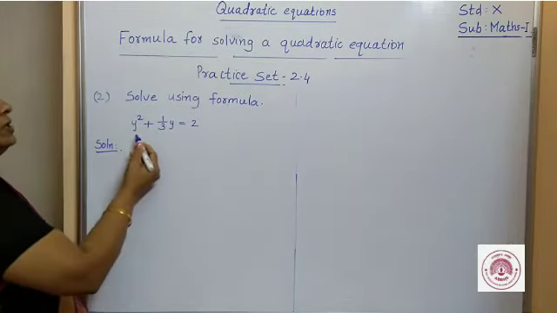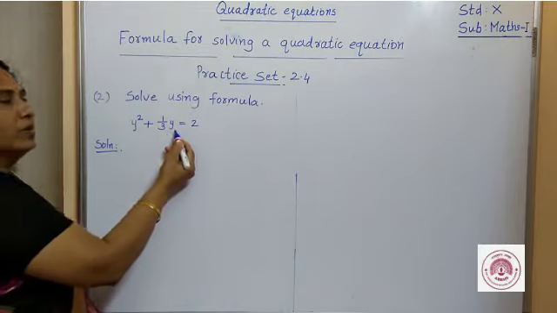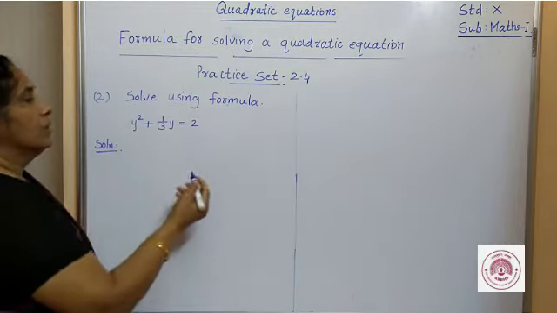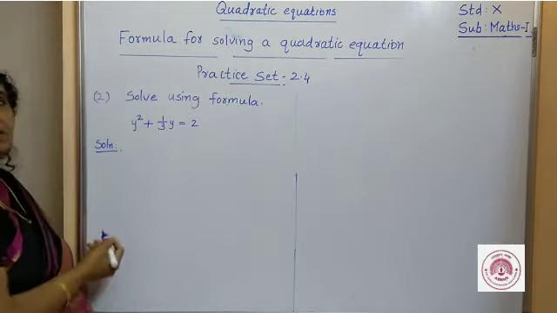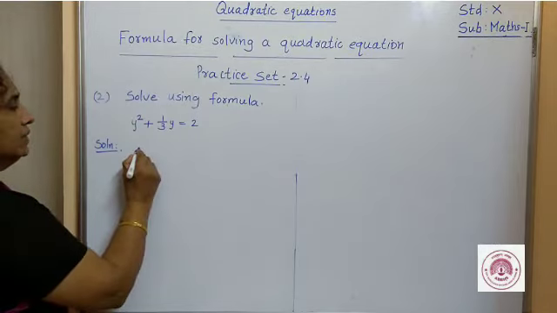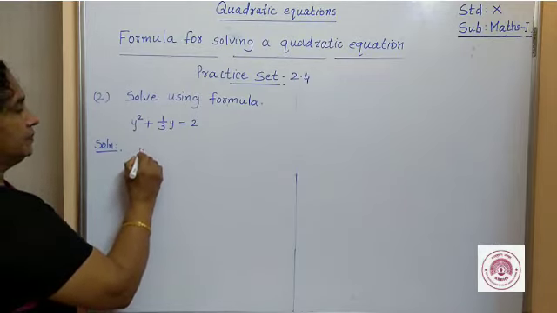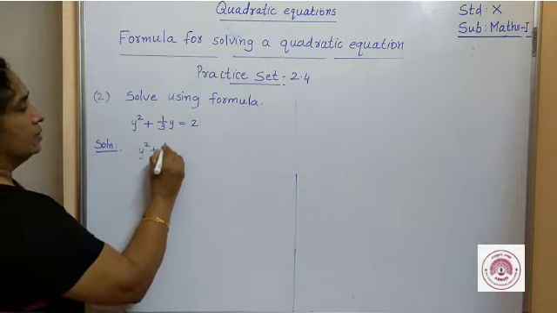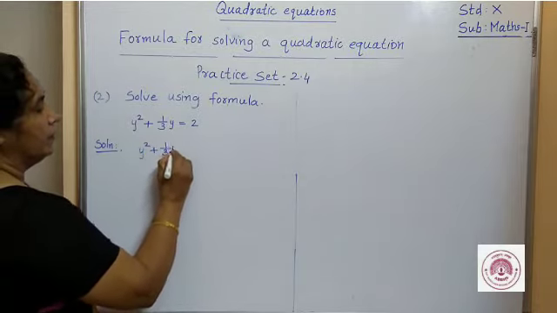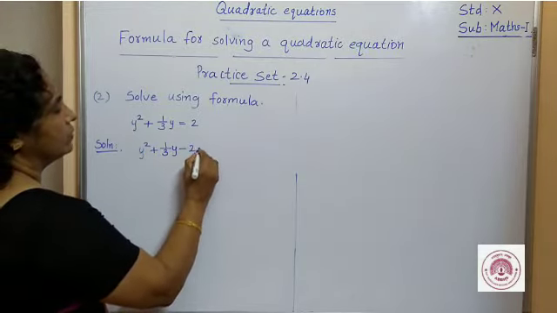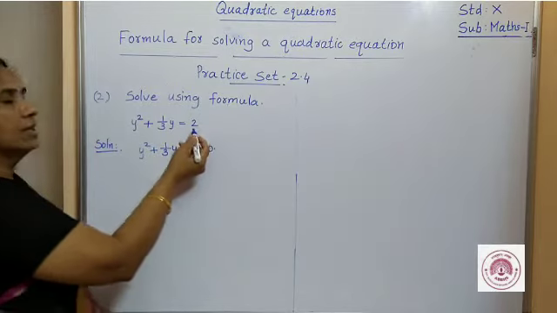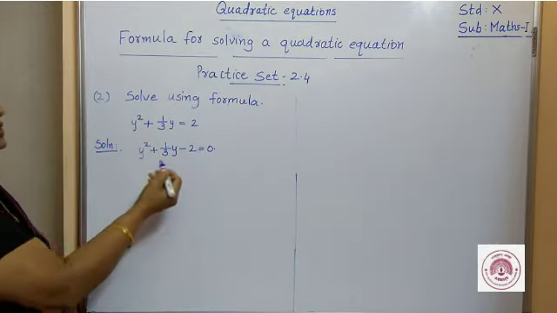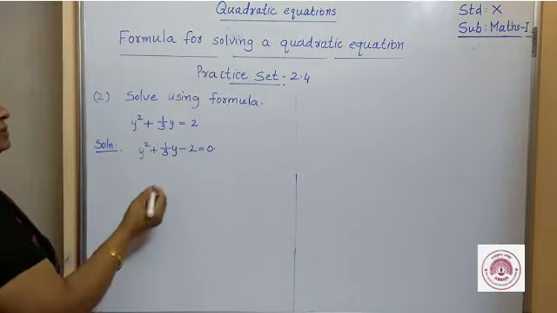Next question is y square plus 1 by 3y is equal to 2. First we will write this in the standard form, that is y square plus 1 by 3y minus 2 is equal to 0. That is, taking plus 2 to the left hand side, it will become minus.